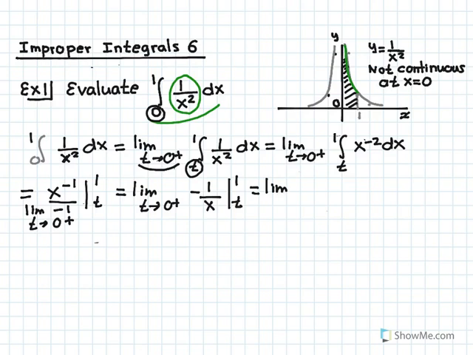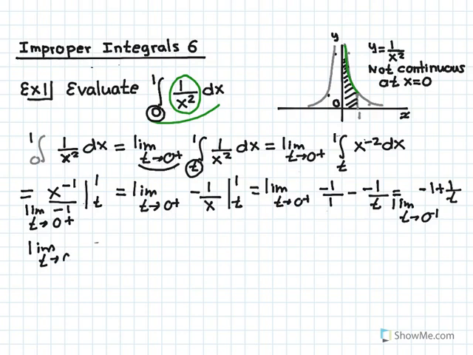We get the limit as t approaches 0 from the plus side. Put the upper limit in. The upper limit is 1. We get negative 1 over 1 minus 1 over t. That gives us negative 1 plus 1 over t. And take the limit as t approaches 0 from the plus side. So what do we get? Well, the limit of negative 1 as t approaches 0 from the plus side is just itself, negative 1.